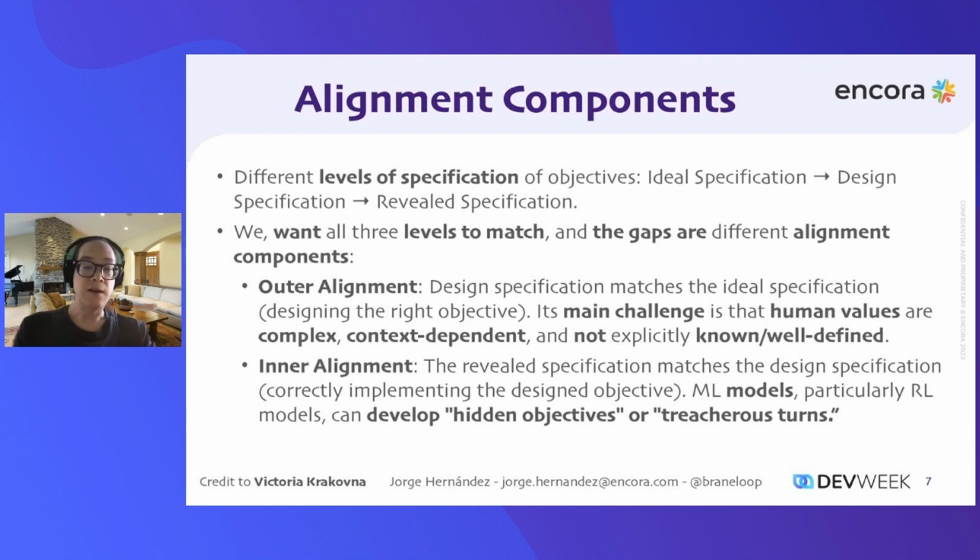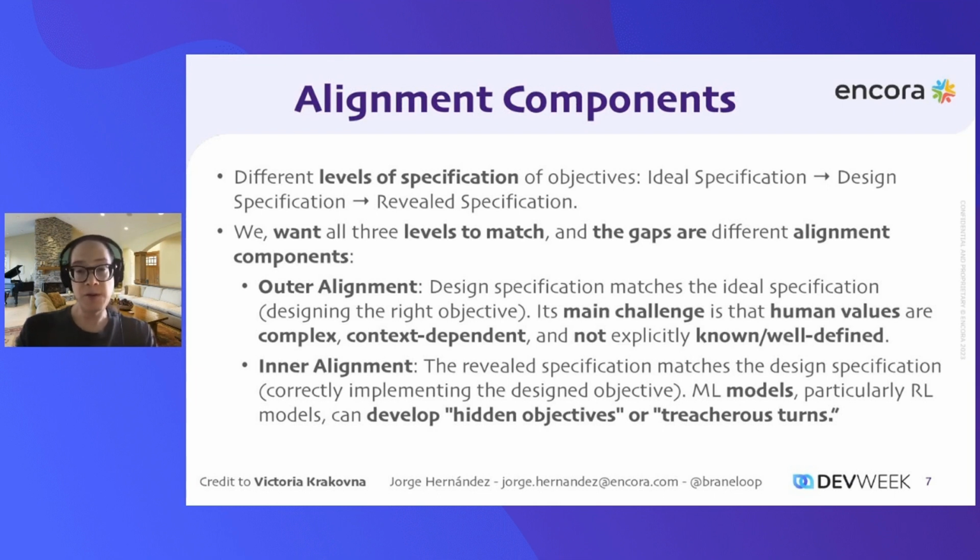There's the ideal specification, which represents our wishes about what the system will do. Then there's the design specification, which is what we actually implement in the system. A lot of the work of software engineers, as everyone knows, is making those two match. And then there's the revealed specification, which is what the system actually does in the end. Like what did it learn after training given the design specification?